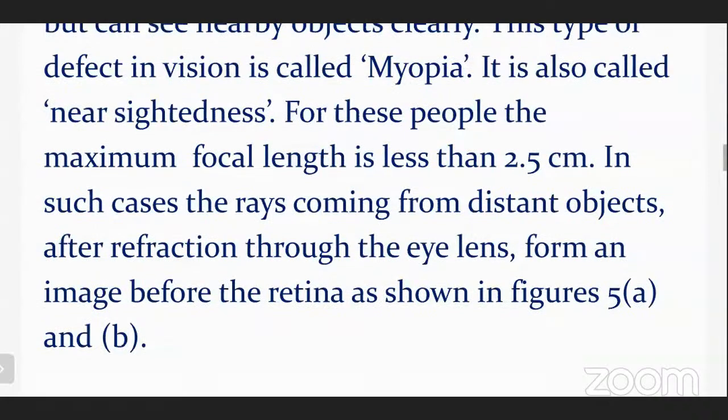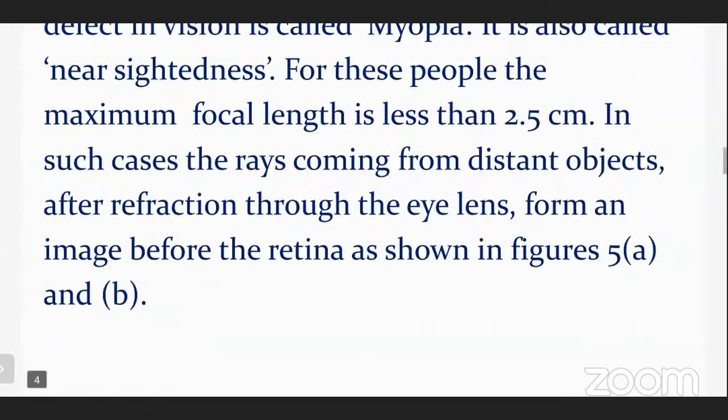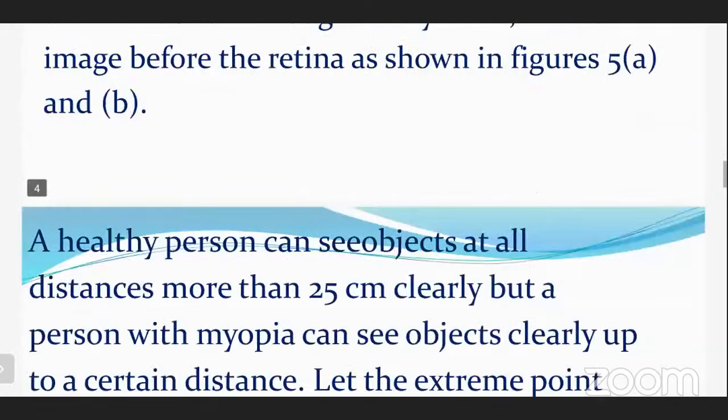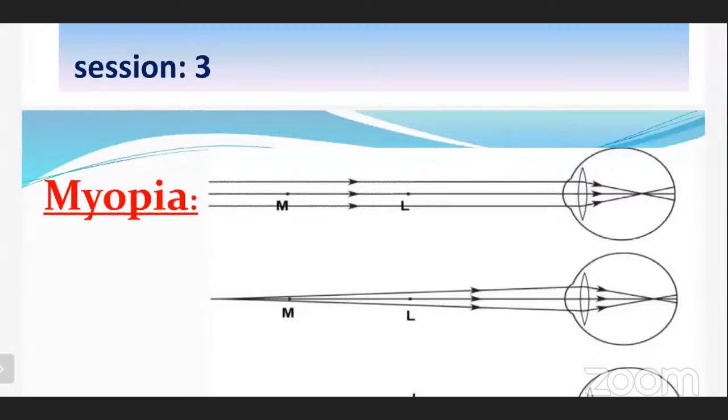Actually, for any object we see, the image is formed on the retina for all people. Only when the image is formed on the retina can we see an object. If no image forms on the retina in our eye, we can't see the object. So the retina works as a screen in our eye.